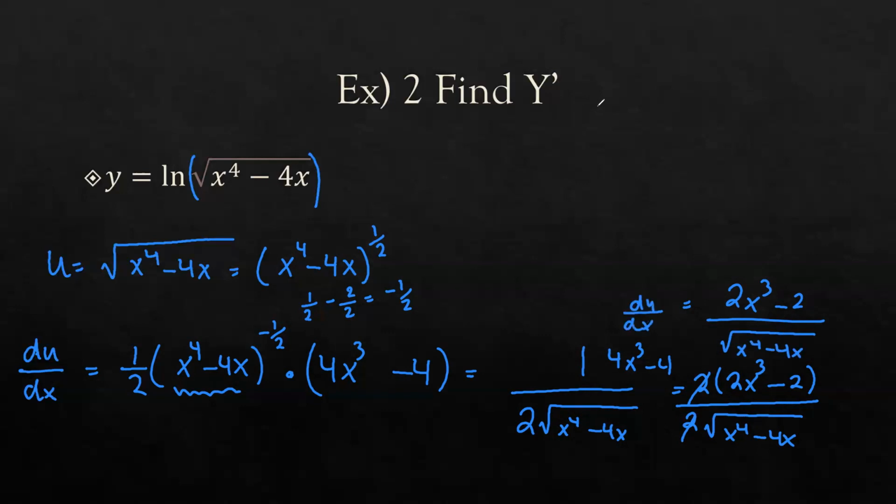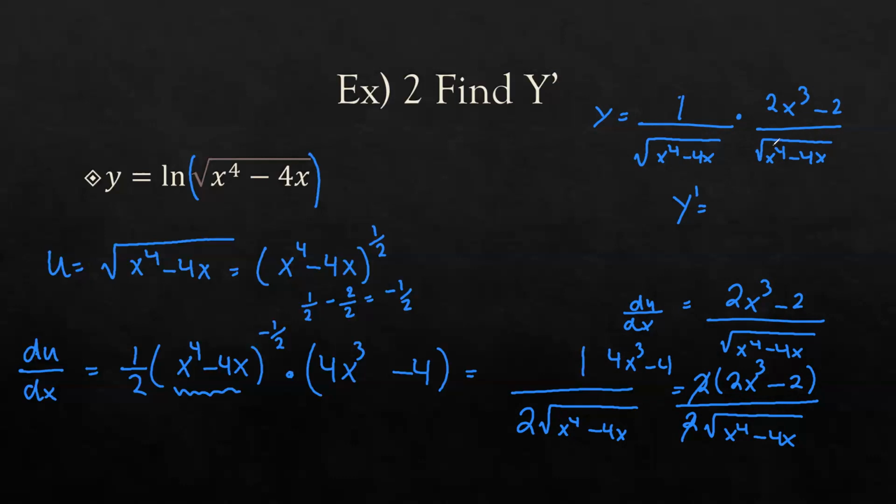So y prime is 1 over u, which is the square root of x to the 4th minus 4x, times du dx, which is 2x cubed minus 2 over the square root of x to the 4th minus 4x. Your final answer is going to be 1 times 2x cubed minus 2.